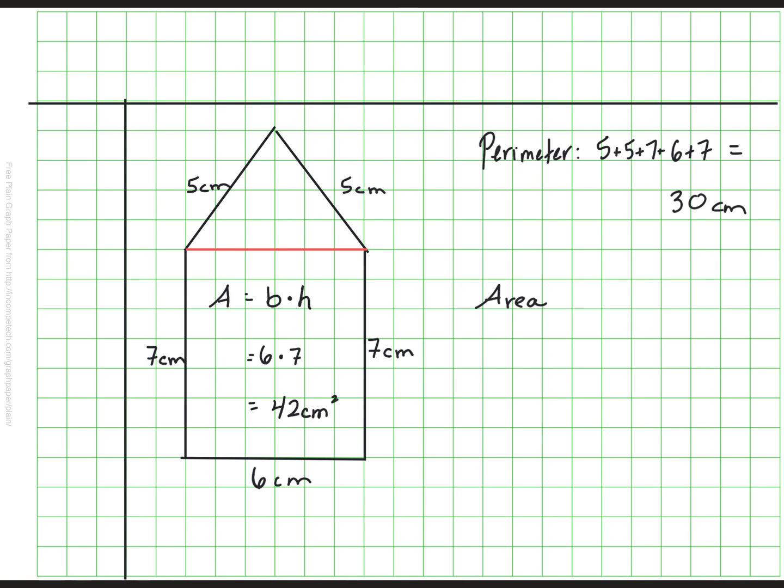in this portion. And of course, to find the entire area, I also need to find the area of this triangle. And our area of triangle is similar. We do base times height, but then we have to divide it in half. And the base is still 6 centimeters, right? That's the same as it is on the bottom. The height I don't know yet, so I'm just gonna go ahead and imagine dropping maybe a penny down from the top here.